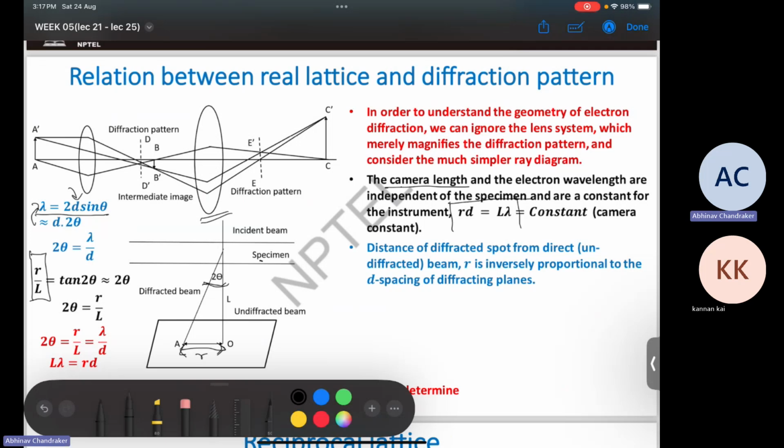And because capital L, which is the notional distance between the specimen and the screen, as well as lambda, both are constant for the instrument, we know that L lambda is constant, and as a result, small r into small d will also have to be constant. So we can say that the distance we get from the screen is inversely proportional to the interplanar spacing in the crystal.